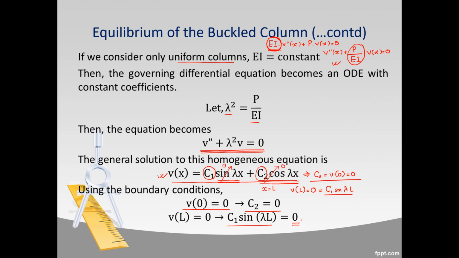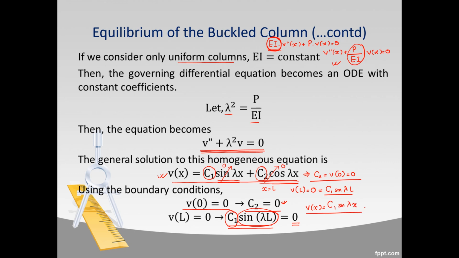Now let's look here. This left hand term will be equal to 0 under two conditions, when either C1 equals to 0 or sine lambda L equals to 0. But remember, we already have C2 equals to 0, so our solution has reduced to V x equals to C1 sine lambda x.